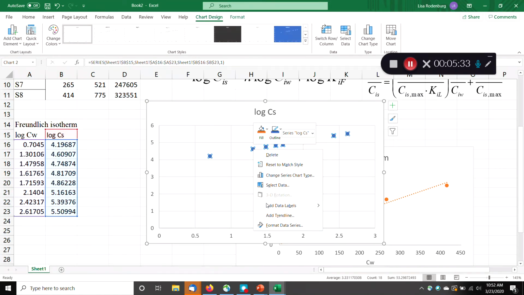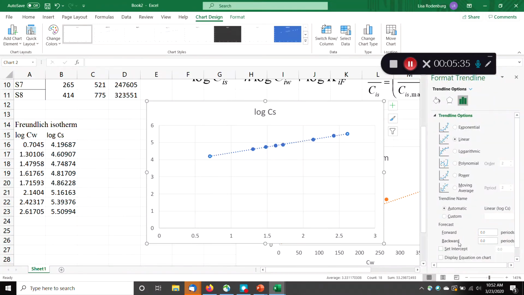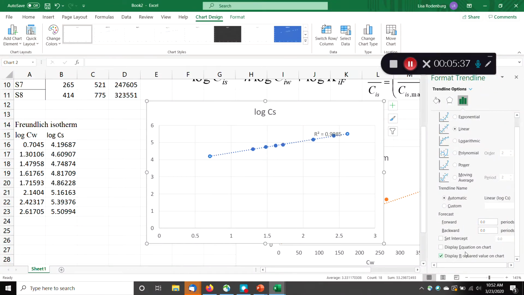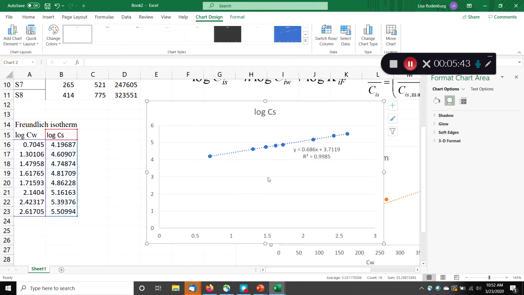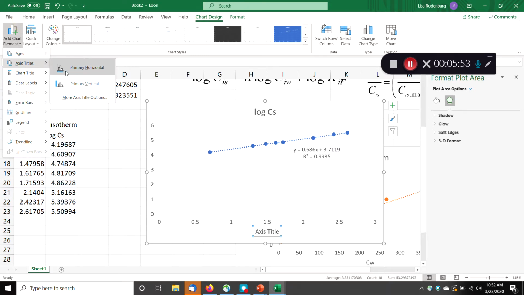Put a trend line on here. Now our R squared is 0.9985. Well, that's better. That's pretty darn good, in fact. I'm happy with that. And just to be really uptight about it, let's add our axes titles.